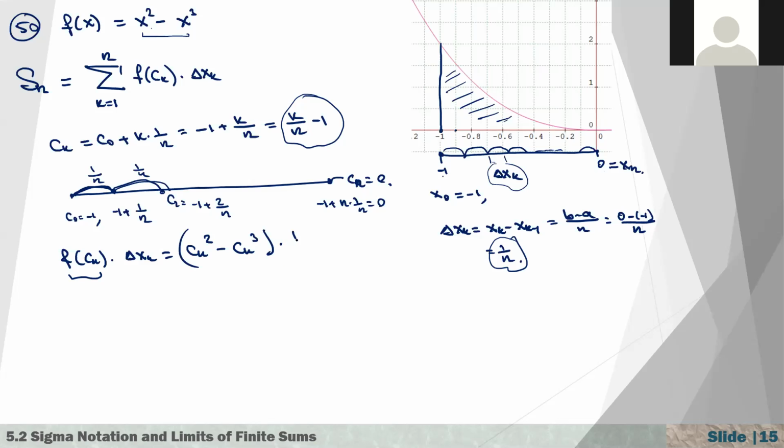And here I have 1 over n. What is c sub k? C sub k is (k over n minus 1) squared minus (k over n minus 1) cubed. And outside here I have 1 over n.